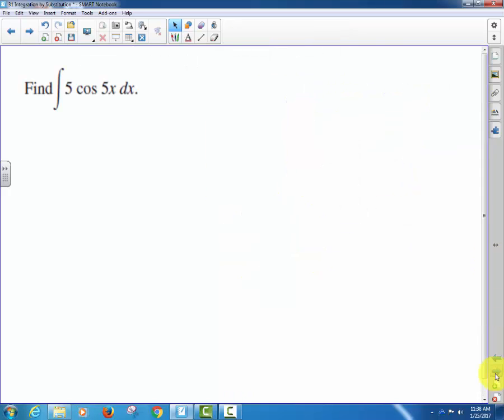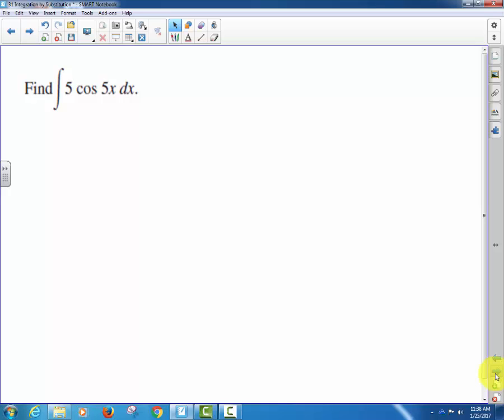Well, let's look at this next one. It's got trig in it. So that just scares you right off, doesn't it? Makes you want to scream. Can you integrate that without the u substitution?